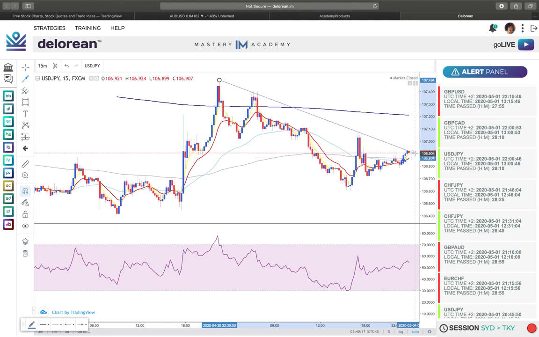I take into account all wicks, which in this example is right here. That's the wick right there.